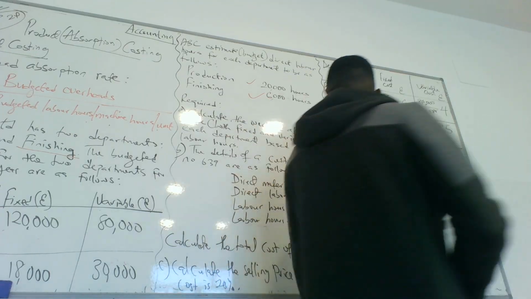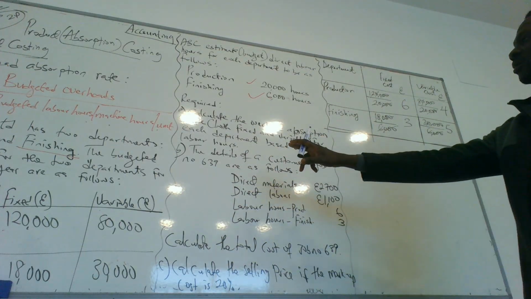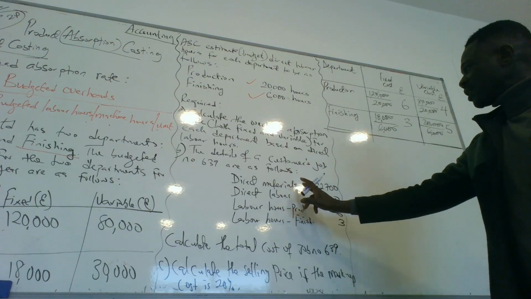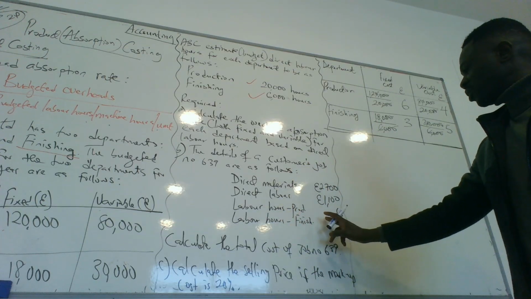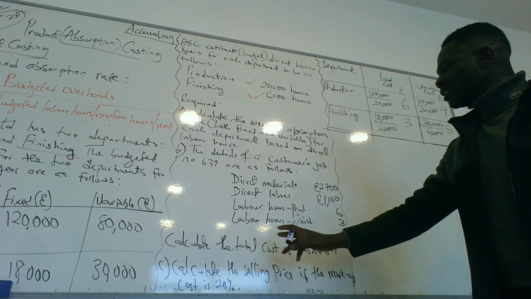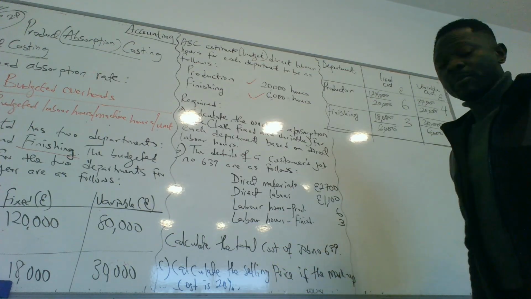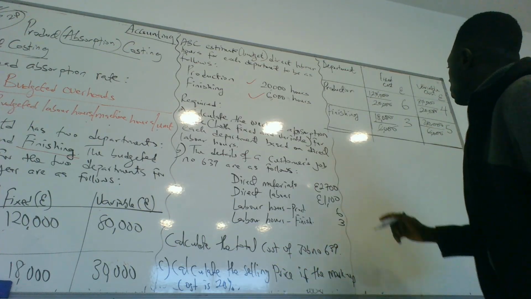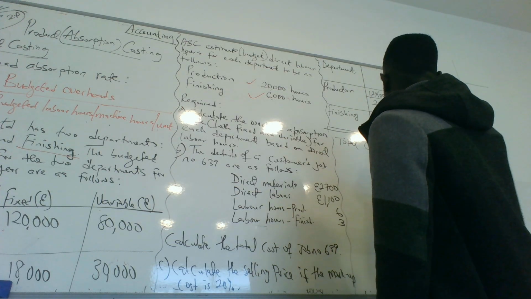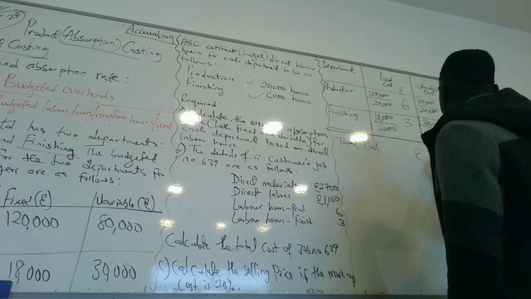For question B, they said the details of a customer's job number 639 are as follows: direct materials, direct labor, labor hours for production department, and labor hours for finishing department. We are told to calculate the total cost for job number 639. So here we have our total cost, in euros.